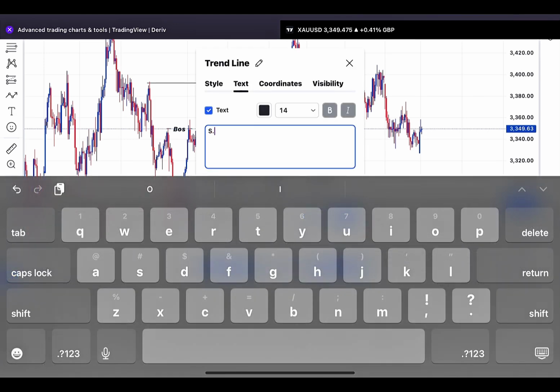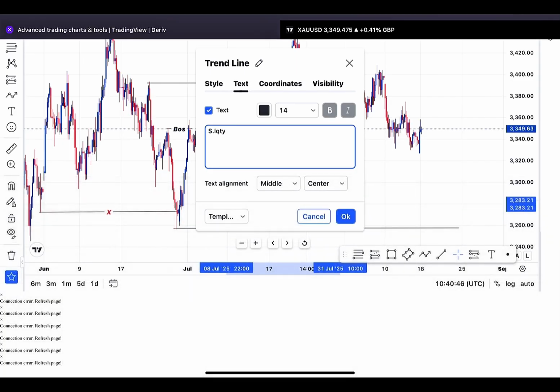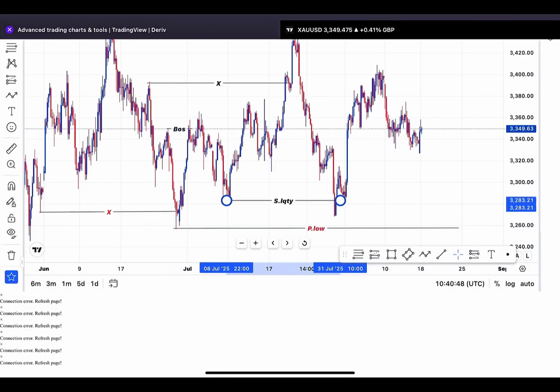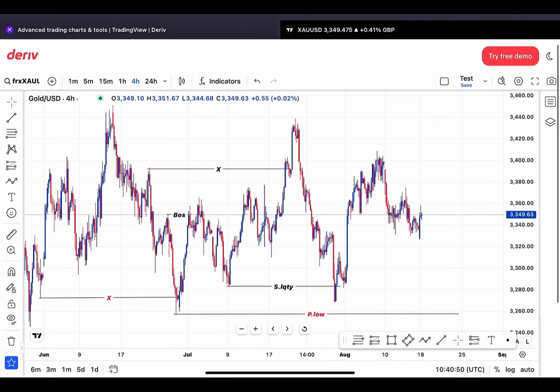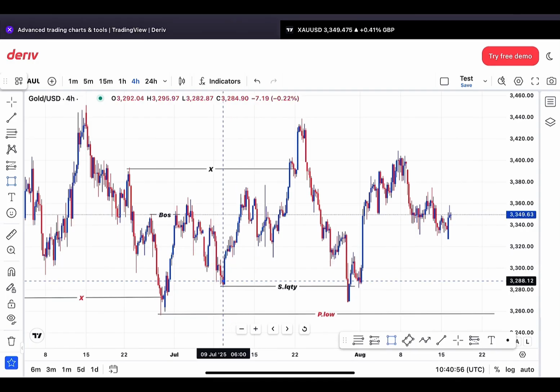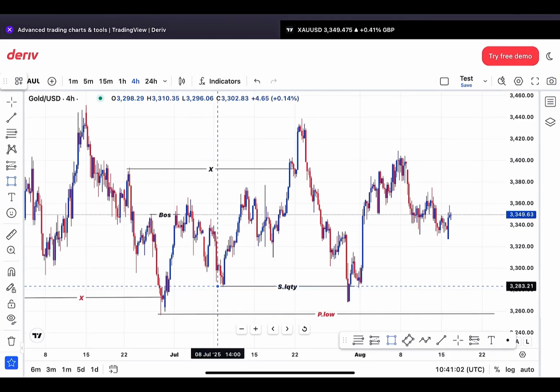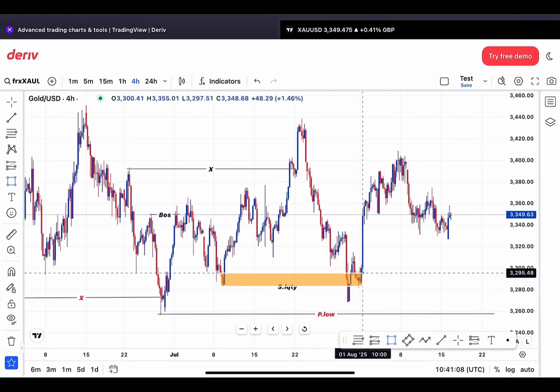If you are following, I bet you might have noticed by now, SLQTY, which is my structural liquidity. So as a retail trader, you should be trading on a lower time frame, and this is what you're going to do, because as you can see, this demand is unmitigated and it's a valid demand.